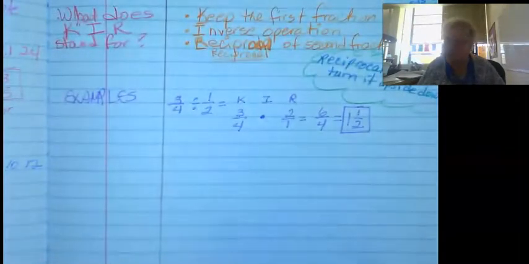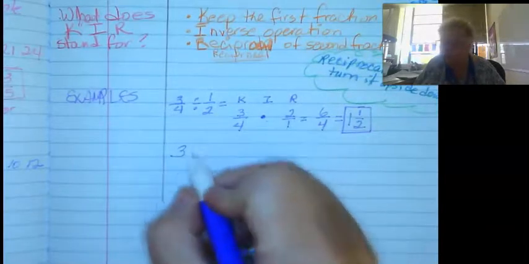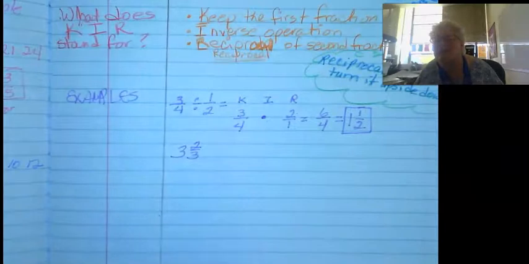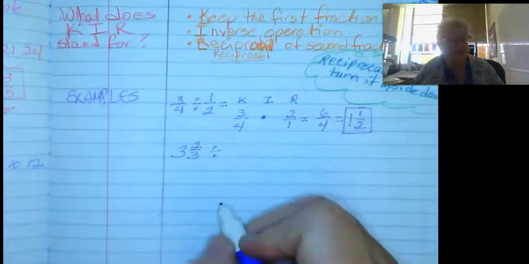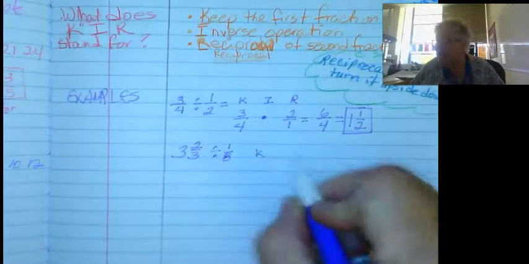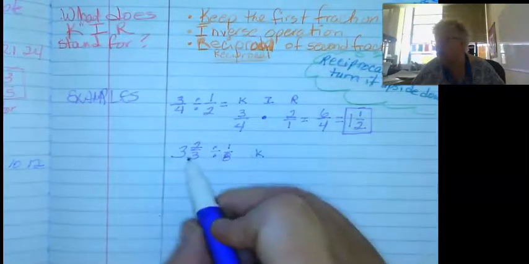Okay, one more example. Let's try with another. We've got 3 and 2/3. I know you guys love mixed numbers, right? They're the best. 3 and 2/3 divided by 1/8. So we're going to keep that, well, actually, we can't keep it that way.